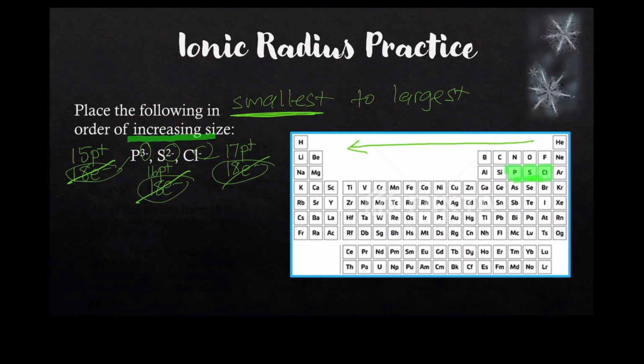Because chlorine has the larger number of protons, it's going to have the greatest effective nuclear charge. That means it's going to exert the greatest attractive force on those outer electrons, pulling them closer in toward the nucleus, shrinking the size of its ionic radius. So that's why when we're ranking them, chlorine, or the chloride ion, is going to be the smallest. Sulfur's in the middle, and then phosphorus will be the largest.